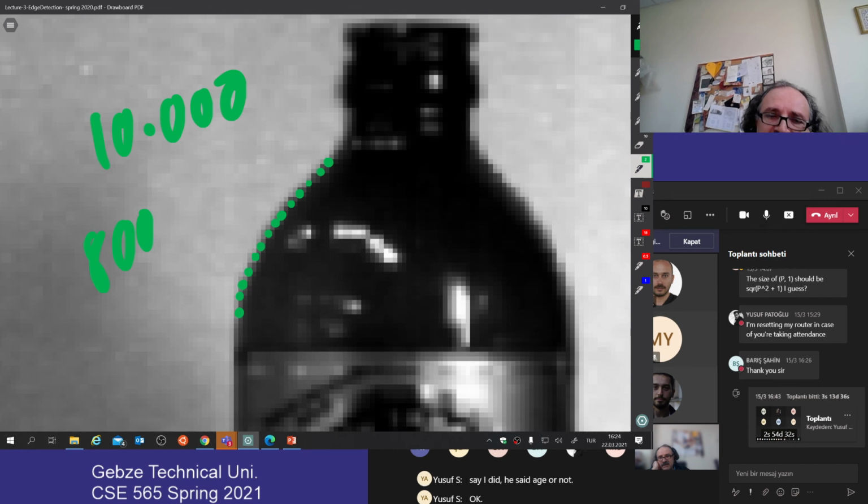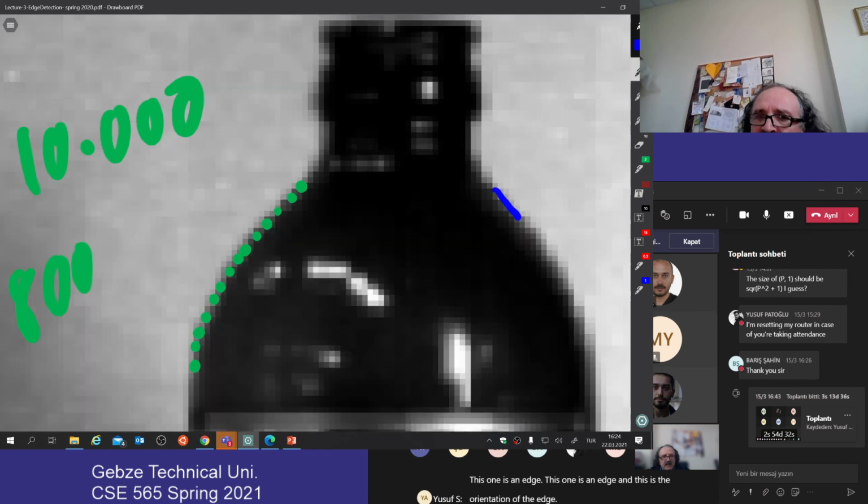Of course, for each edge, I say other things too. For example, this one is an edge, and this is the orientation of the edge. That's one thing. And the other thing is the magnitude of the edge. Magnitude is the difference between the two sides of the edge.